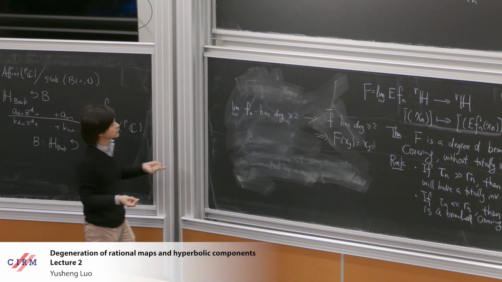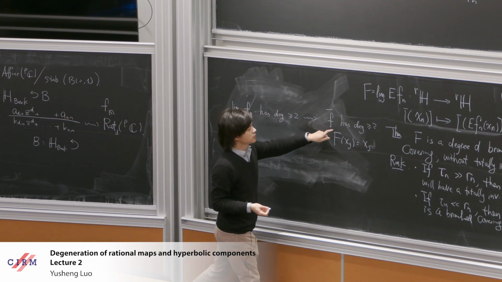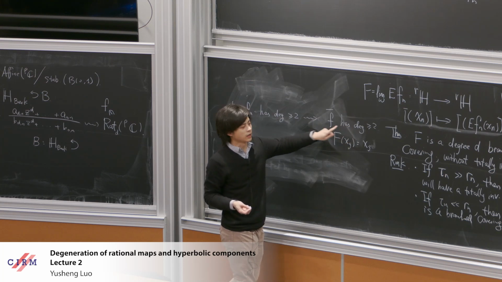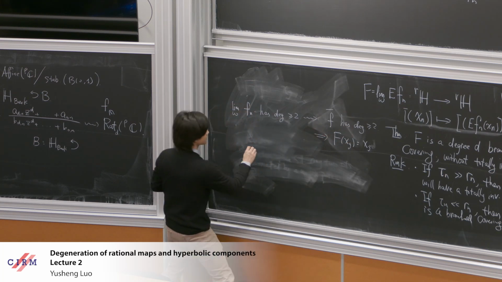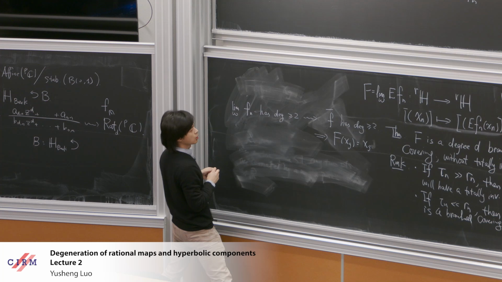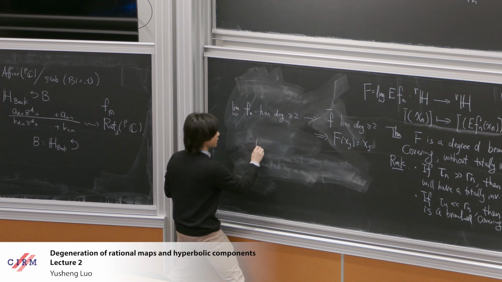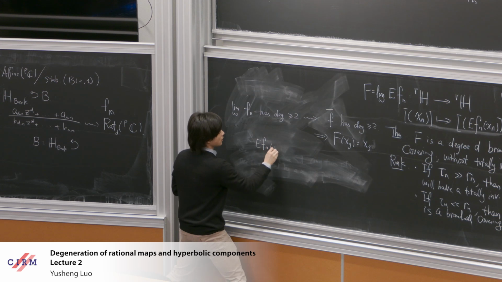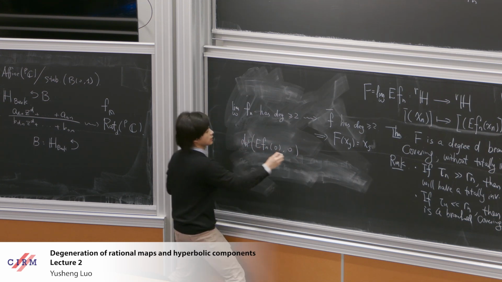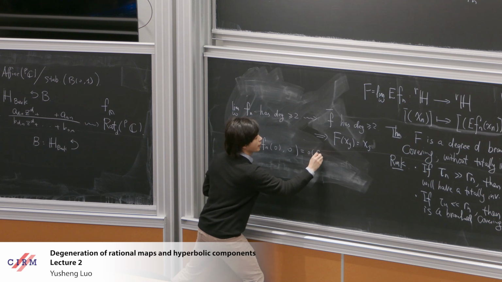But on the other hand, if the reduction has degree greater than or equal to 2, this simply means that if you look at what happens in the barycentric extension, the barycentric extension Fn sends 0 to 0, but this distance is of order O of small rn.